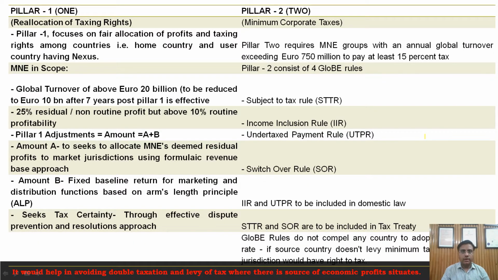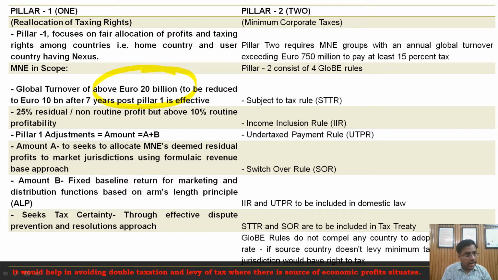In this scenario, we basically focus on Pillar 2, since Pillar 1 is applicable in respect of global turnover. As per your consolidated financial statement, if your global turnover exceeds 20 billion euro, then Pillar 1 is applicable.